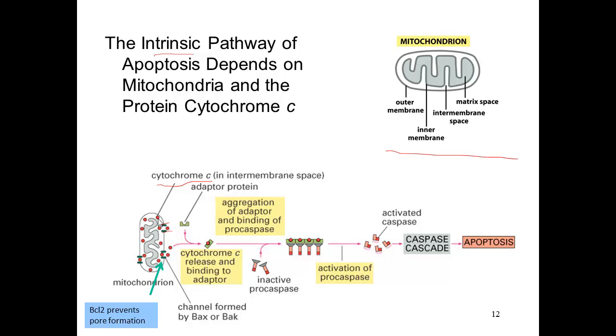It will destroy the linkage between the lipid that tethers cytochrome C, and cytochrome C will spill out into the cytosol. The cell detects that cytochrome C is not a protein that's supposed to be out in the cytosol. It is only supposed to be in the mitochondrion.